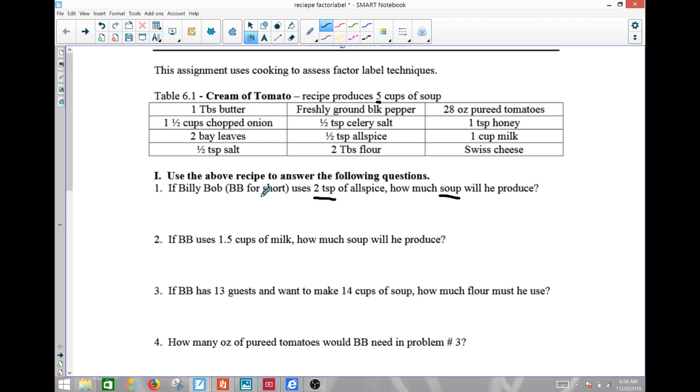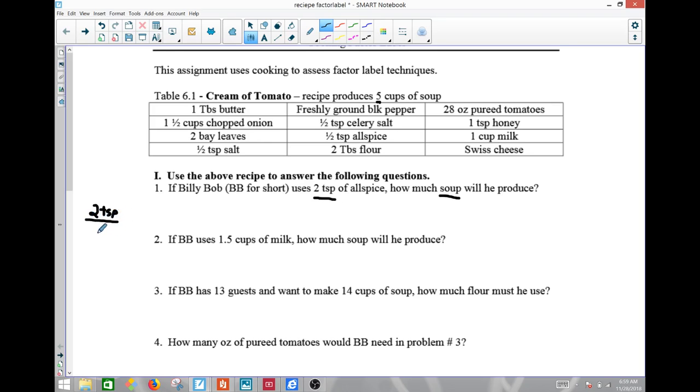So before I get started, I've got to be familiar with some of the conversions, and we might call these equivalencies. A half a teaspoon of allspice can give me equivalently 5 cups of soup, assuming I have everything else present. That's an equivalency.